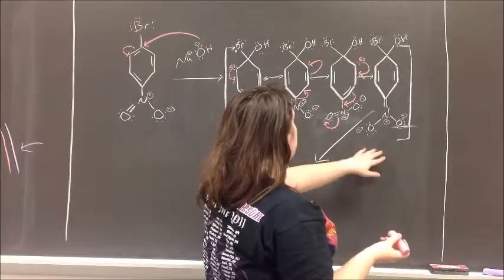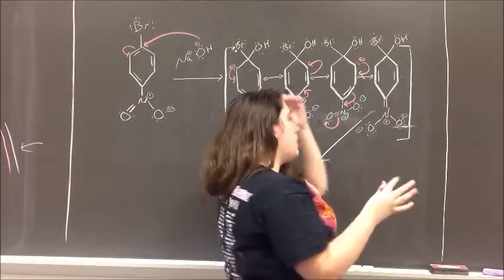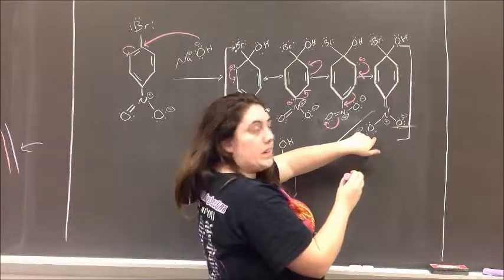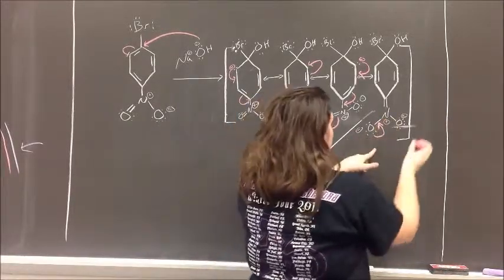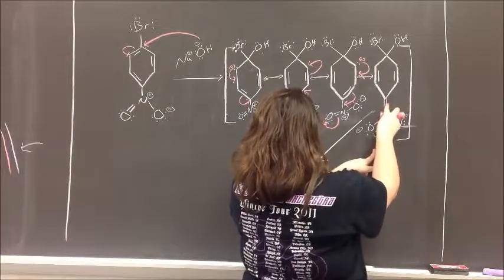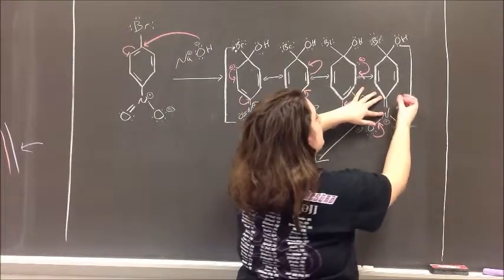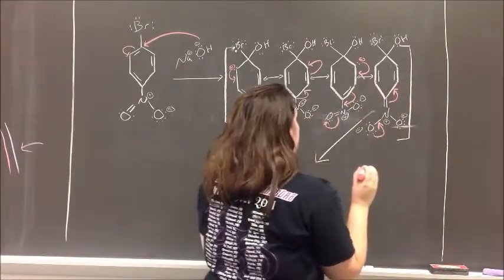So once this happens, the last step basically of this mechanism, the electrons from this oxygen are going to come up and form a double bond. This double bond between the nitrogen and the aromatic ring is going to break and come up and form a pi bond there.